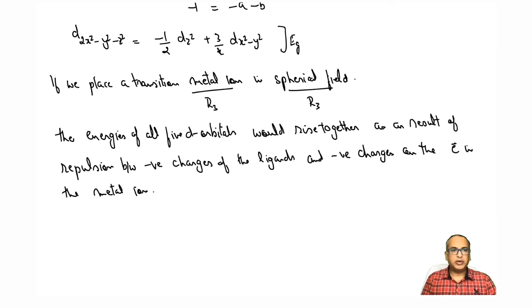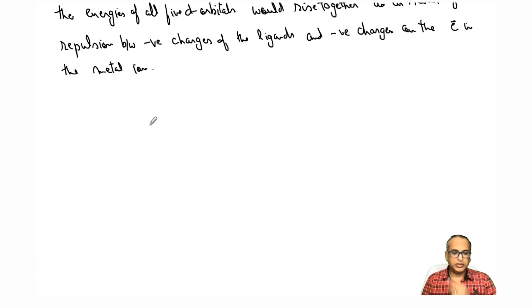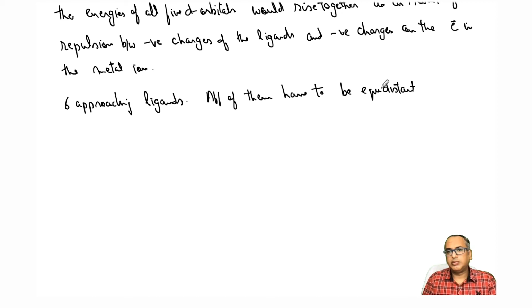Okay, so now imagine that instead of a spherical field, now we have an octahedral field. So how do we get an octahedral field? Let's say we have 6 approaching ligands, and all of them have to be equidistant from the central metal atom, right?